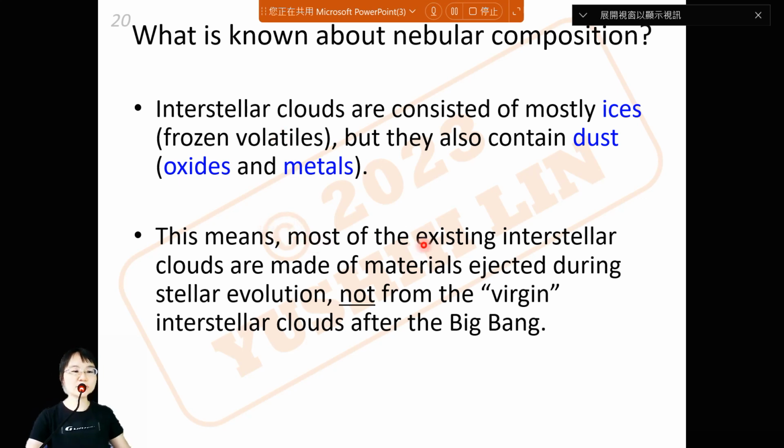That means most of the existing interstellar clouds are made of materials ejected during stellar evolution. They are not from the virgin interstellar cloud after the Big Bang. Because you see this more advanced form of matter. You have metal, so there must be iron, and you have oxide, that means maybe silica, magnesium, calcium. If you have these elements, these materials were the remnants of stellar evolution.